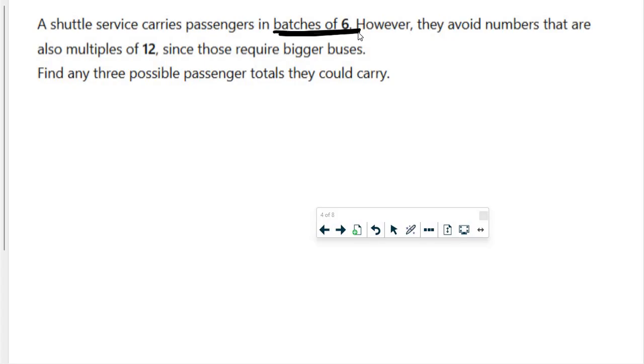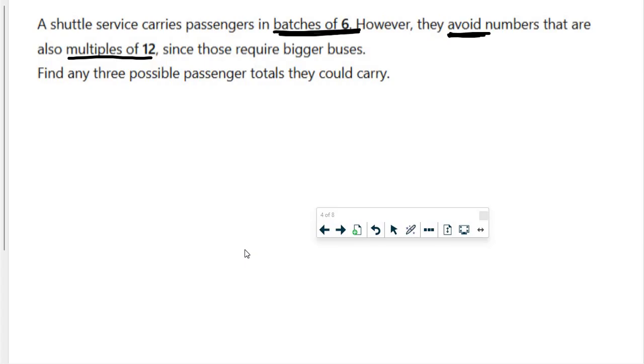However, they avoid numbers that are also multiples of 12, since those require bigger buses. Find any 3 possible passenger totals they could carry.